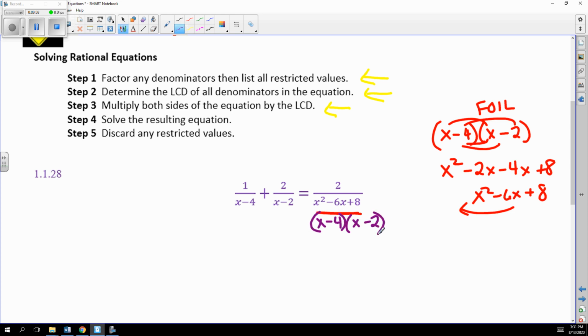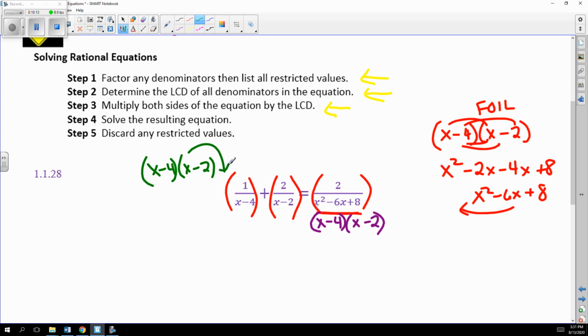So we're going to try to cancel everything we can cancel. I'm going to put parentheses around this and this and this, right? And when I multiply through by x minus 4 times x minus 2 to each of these, that means it goes to this term, and this term, and then this term. Then anything that's part of that LCD in the numerator is going to cancel with its common factor in the denominator.